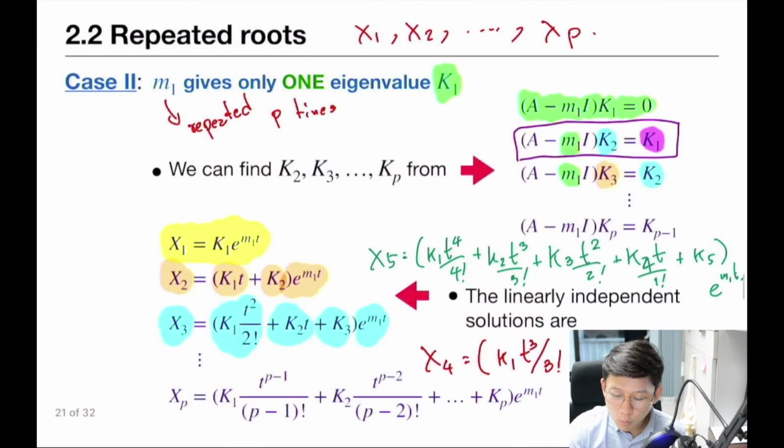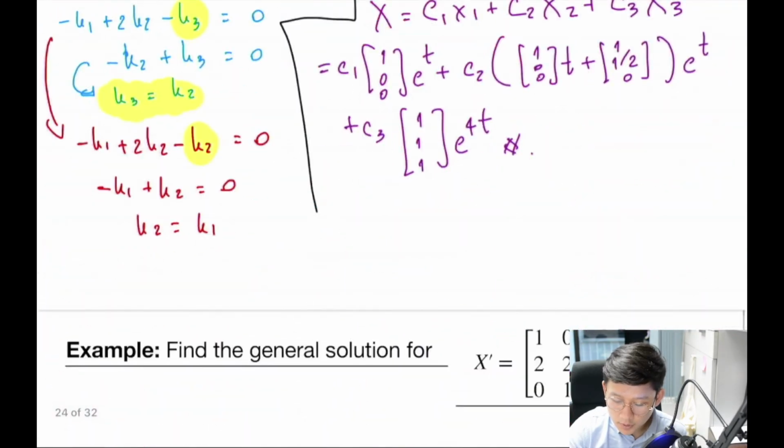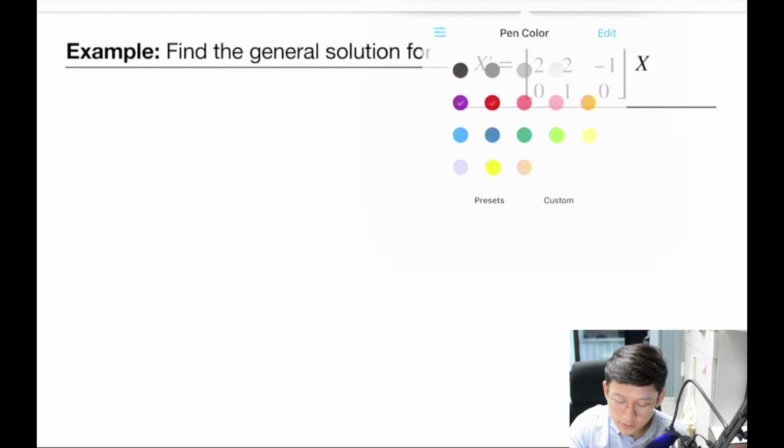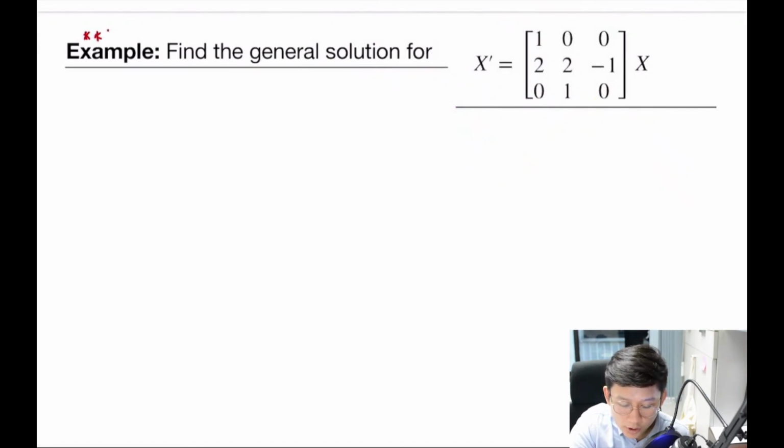Oh, by the way, we do have one more example, but I'm not going to do it here. I'll let you do it as homework, and we're going to look at that in the on-site class. I'm going to show you how to do it, but you better try it yourself to see whether or not you understand.